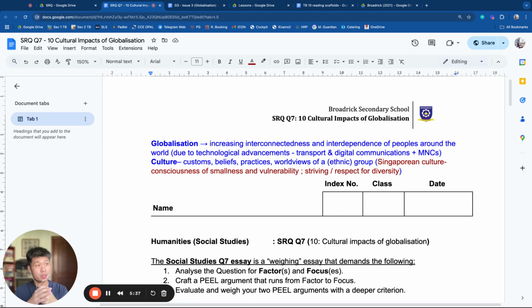And moreover, different groups have different strengths which we can tap on, we can leverage to make the country even more vibrant. So that's a second element of the culture.